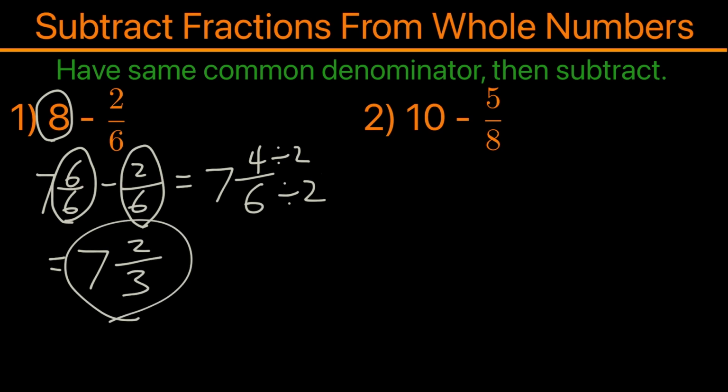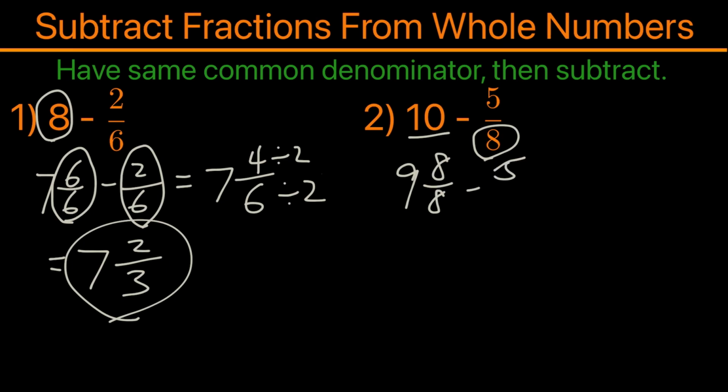Now let's try the second example. We have 10 minus 5/8. And for this one, I'm going to convert the whole number to a mixed number. So that would be 9. And since the fraction that we are subtracting has the denominator 8, I'm going to put 8 over 8.